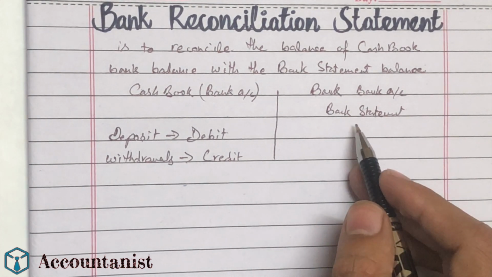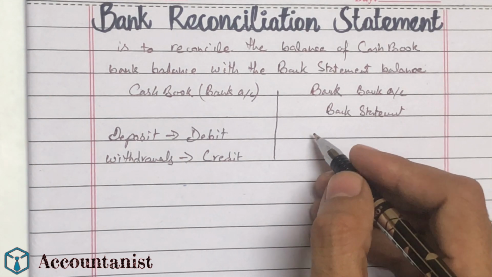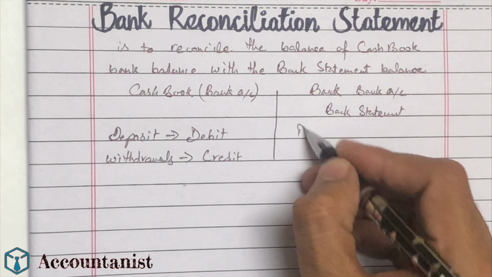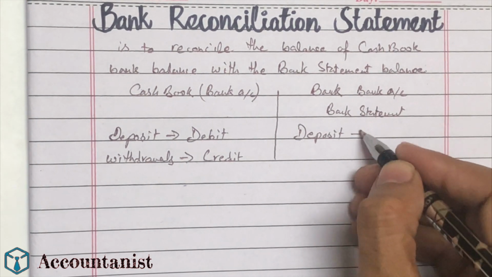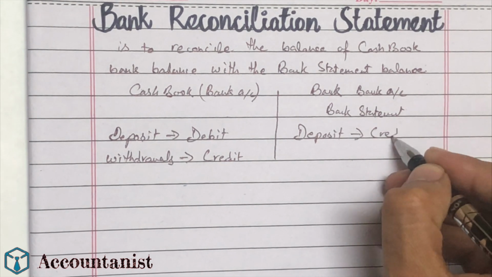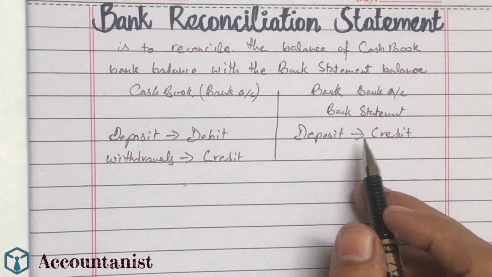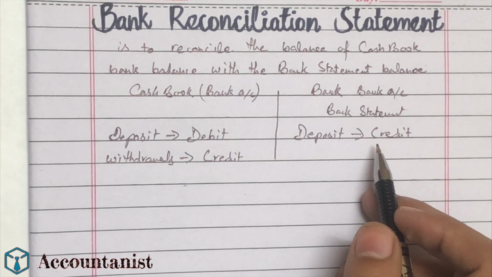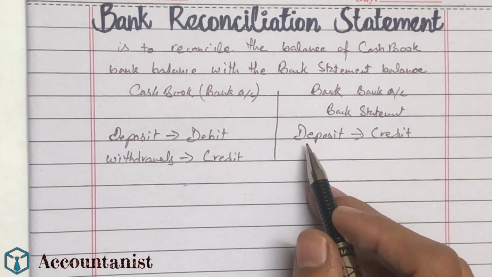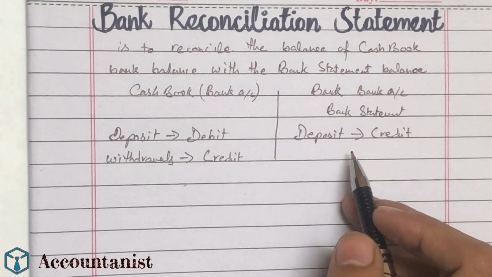On the other hand, in the bank statement, the bank credits once we deposit the amount, so they do the opposite. The reason is that we are the customer of the bank. If we give some money to the bank, they are supposed to pay us back. So any amount that we have in our bank is a liability of the bank.